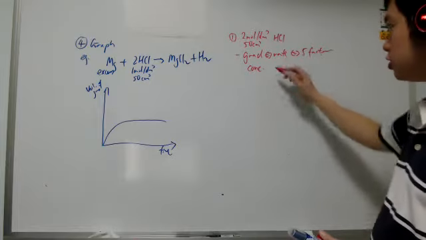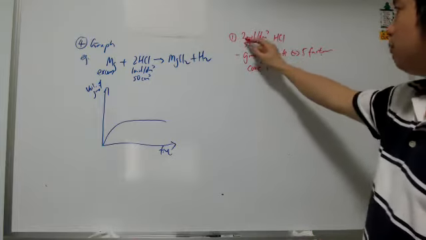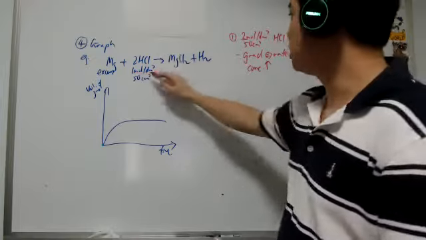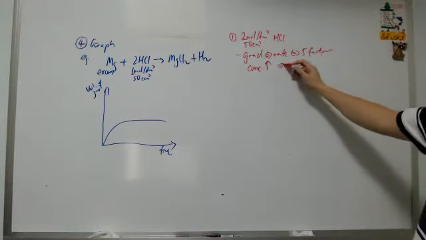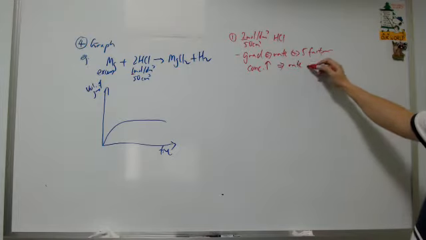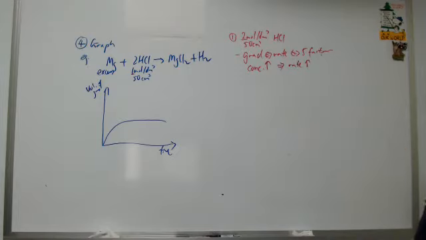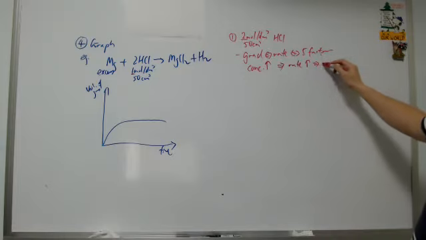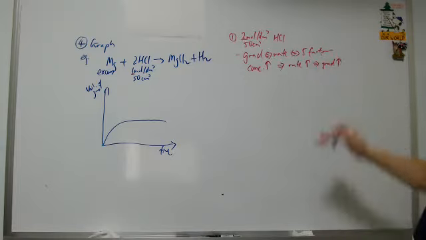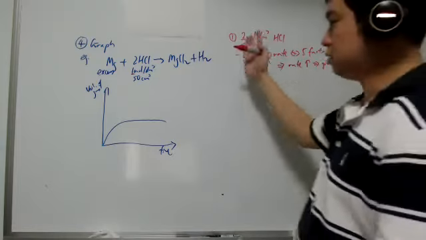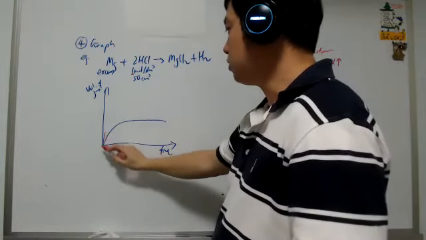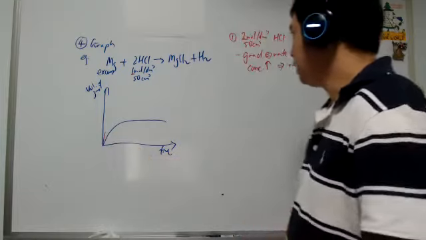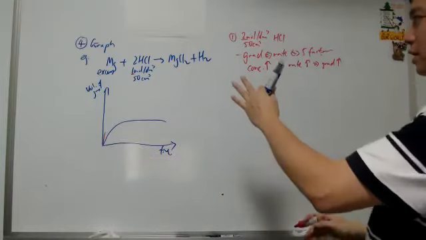When your concentration increases compared to the original, here is 2, here is 1, the speed of reaction will become faster. When your rate increases, the gradient will also become steeper. So for this question, your initial gradient must be steeper. That will determine your gradient.